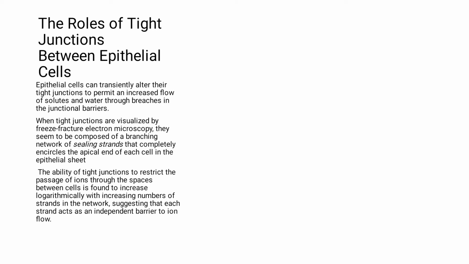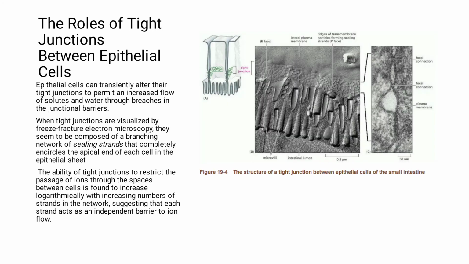When tight junctions are visualized by freeze fracture electron microscopy, they seem to be composed of a branching network of sealing strands that completely encircles the apical end of each cell in the epithelial sheet.